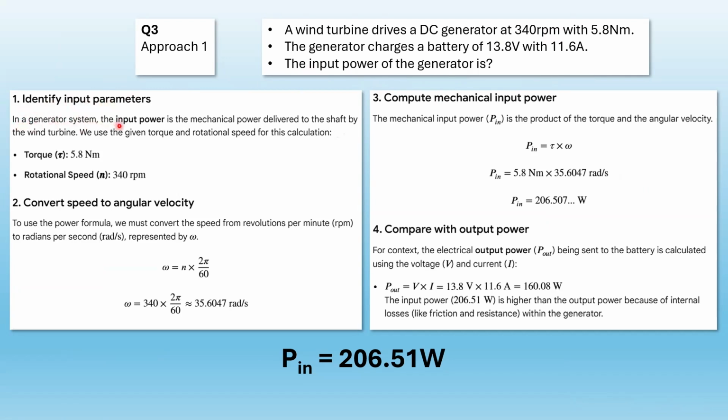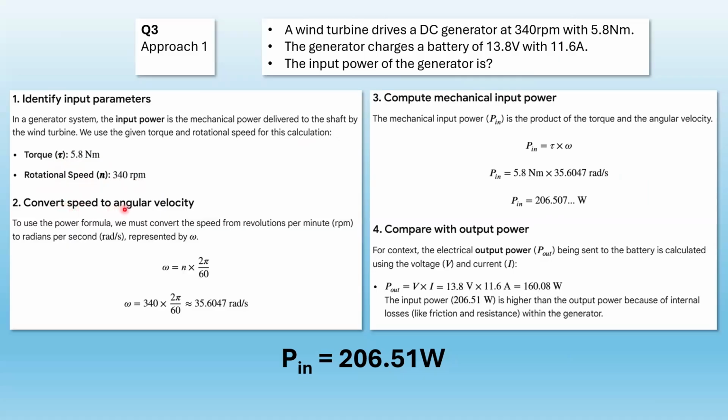The input power is the mechanical power delivered to the shaft by the wind turbine; we use the given torque and rotational speed for calculation. The torque is 5.8 Newton meters. Rotational speed is 340 RPMs.